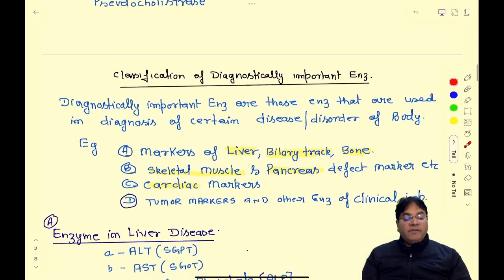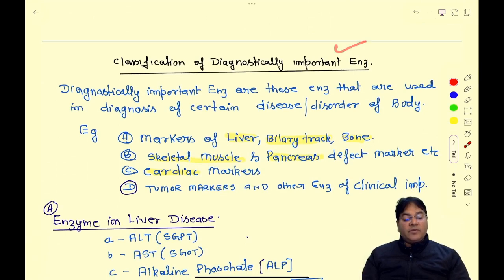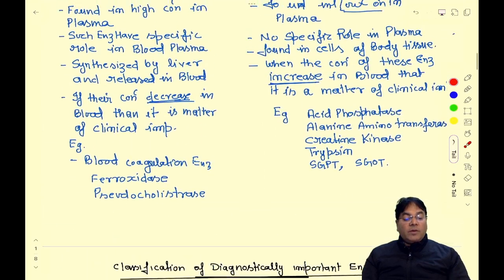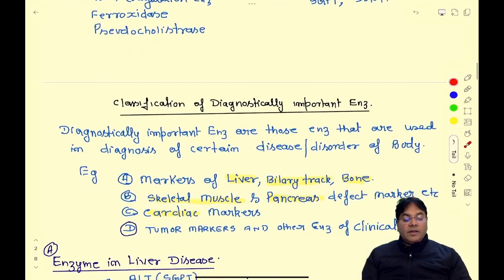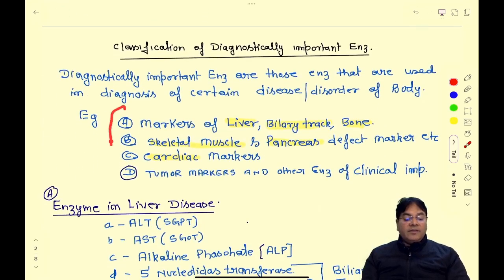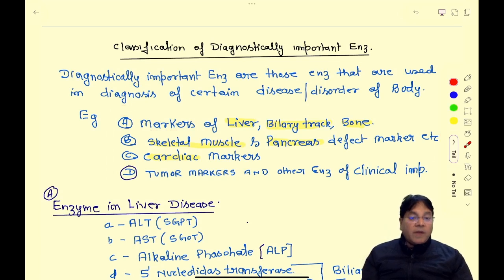If we classify the diagnostically important enzymes, especially these non-specific enzymes, I have categorized them into four types. These are regarded as markers.